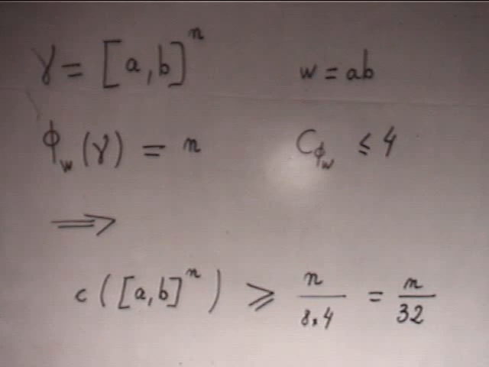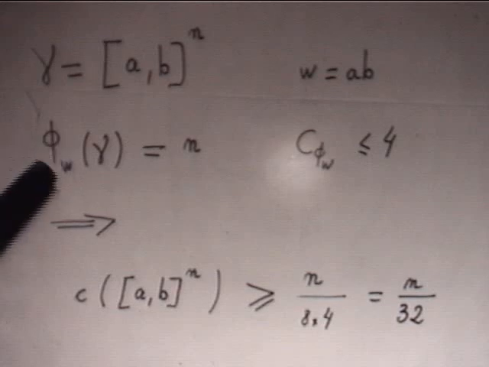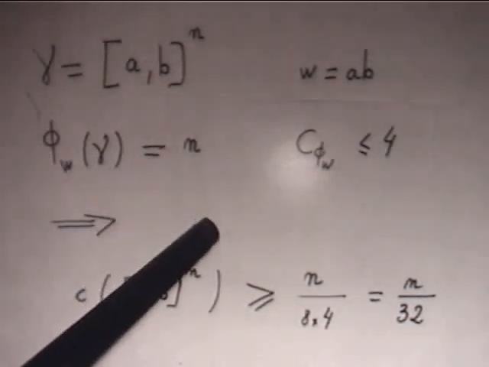N times. A, B, A inverse, B inverse, A, B. You see AB once in each single part. How many times do you see the inverse of AB? Never. Because the inverse of AB is B inverse A inverse. Okay? So you see 0 times W inverse in gamma. So when you evaluate phi W on gamma, you get N.